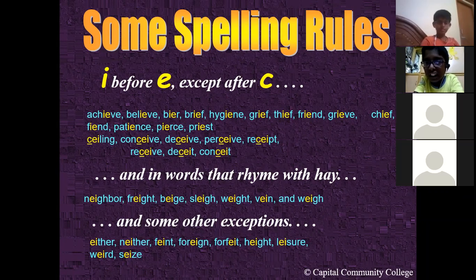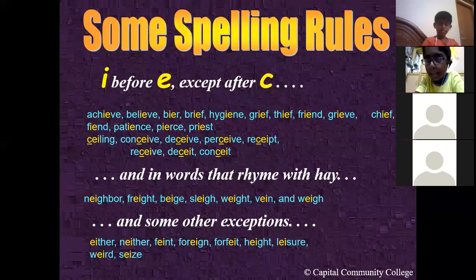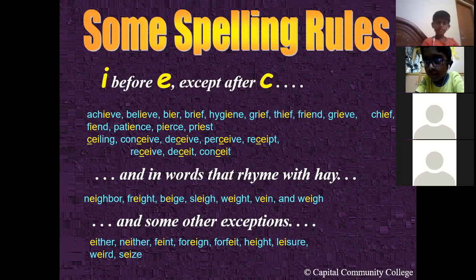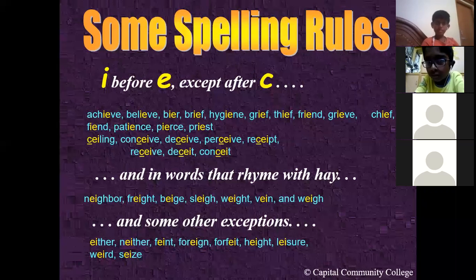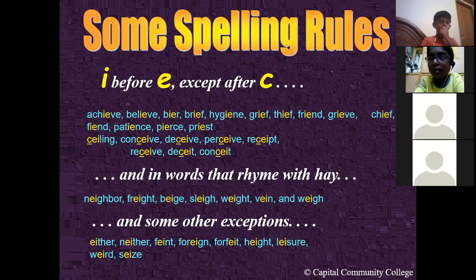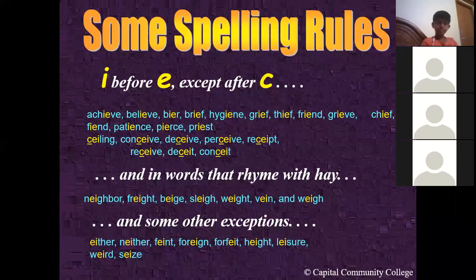Okay, so what is the first rule? You have to place letter I before E. Whenever you find the letter C, you have to write the letter E between C and I. Whenever you are getting the rhyming sound "hey," in that case, you have to write E and I. Some exceptions they have given, though they do not produce the sound "hey," you still have to write EI: either, neither, feint, foreign, forfeit, height, leisure, weird, seize.